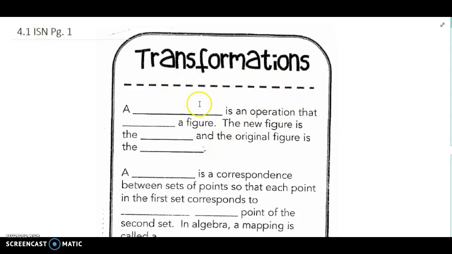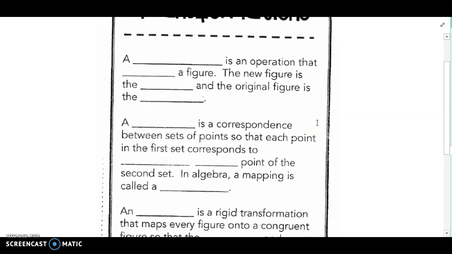You should be looking at the sheet that looks like this. Let me get my pen here on this tablet. All right, a transformation is an operation that transforms a figure.